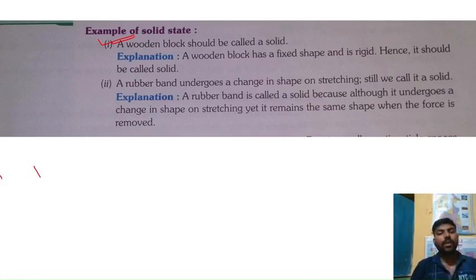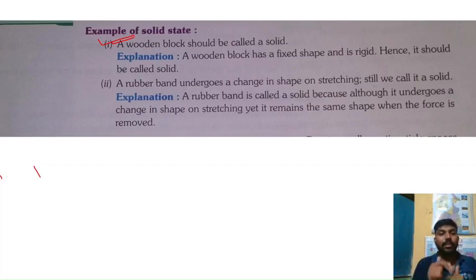Next, a rubber band is stretchable, obviously, so why do we call it a solid? A rubber band is a solid because it changes its shape on stretching, but if you remove the force, it returns to its own shape.